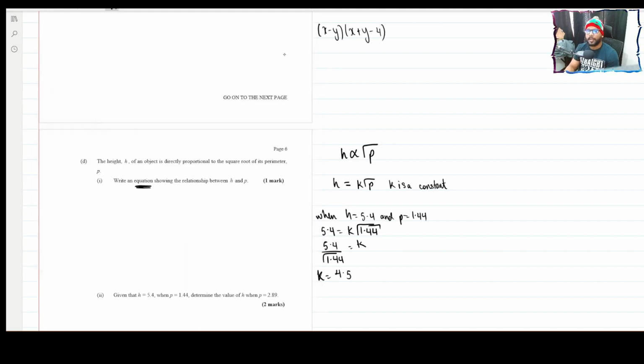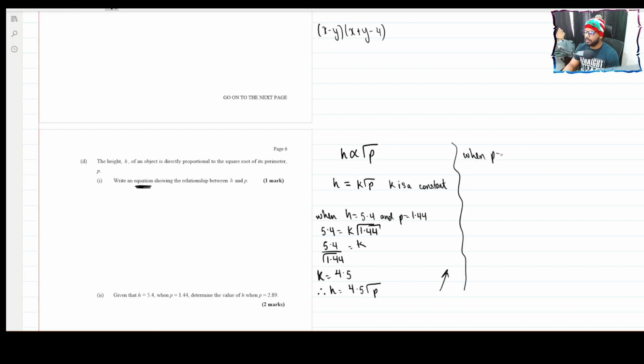Now I can rewrite my equation using the value of k. So therefore, h is actually 4.5 square root of p. The question asks now, determine the value of h when p is 2.89.